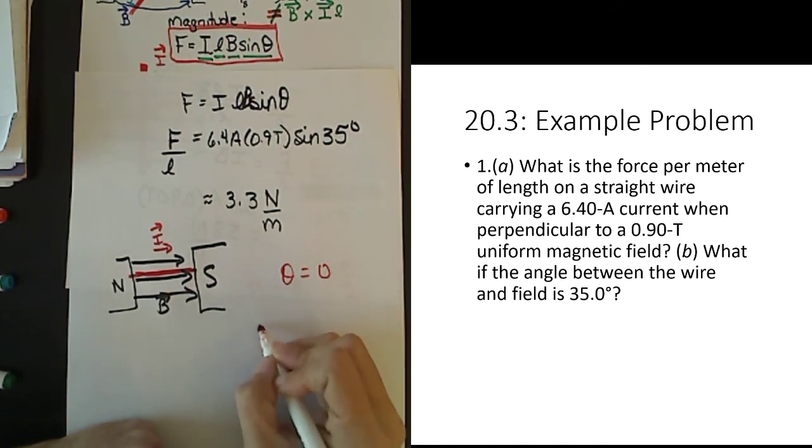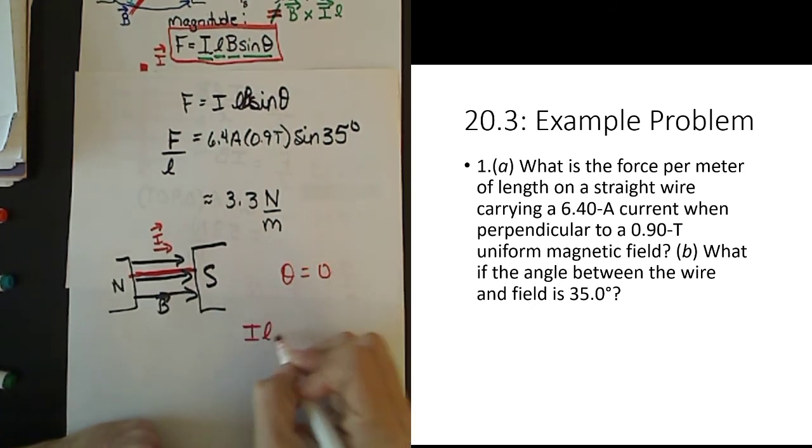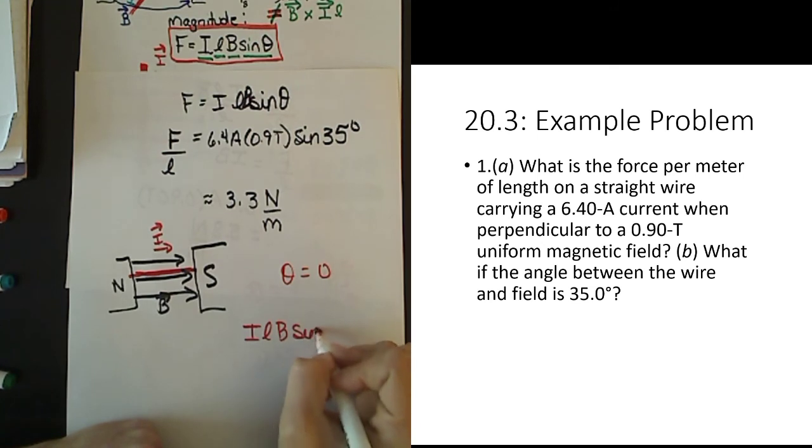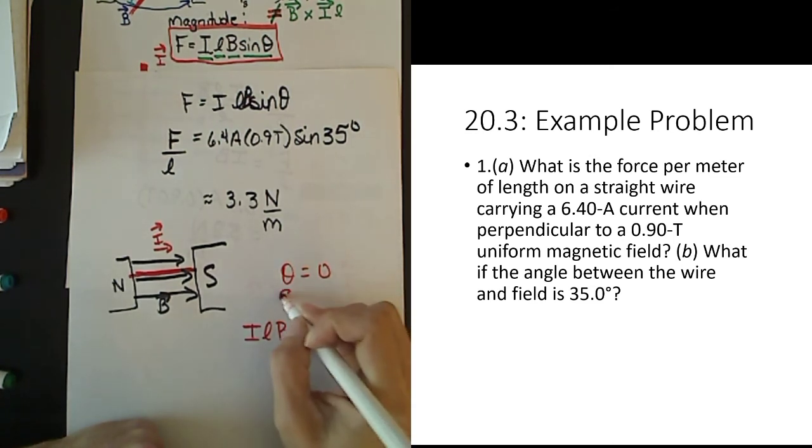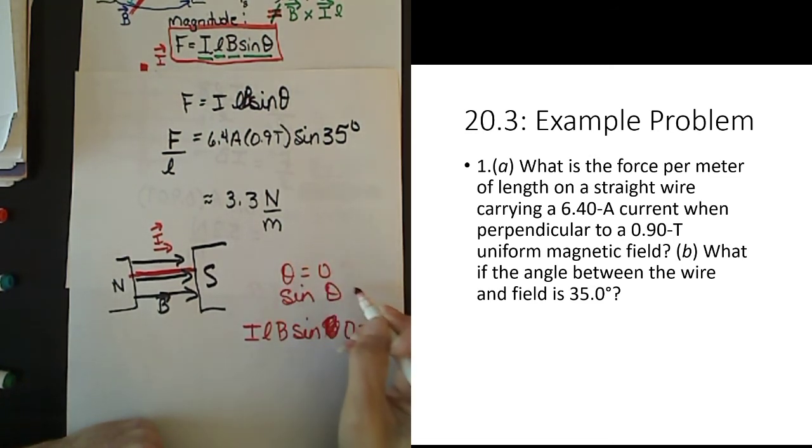So if theta equals 0, then ILB sine 0 is going to be equal to 0.